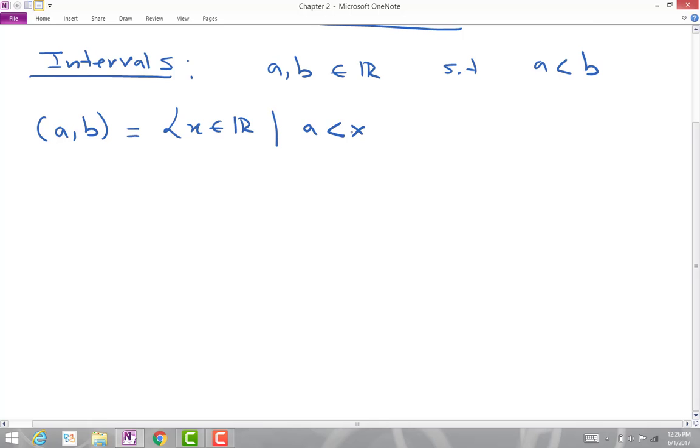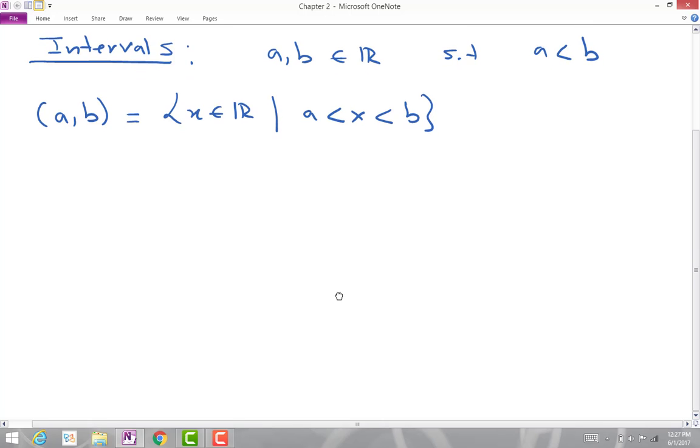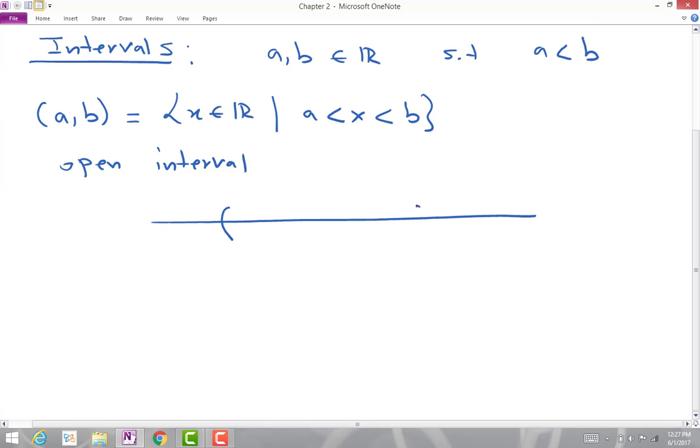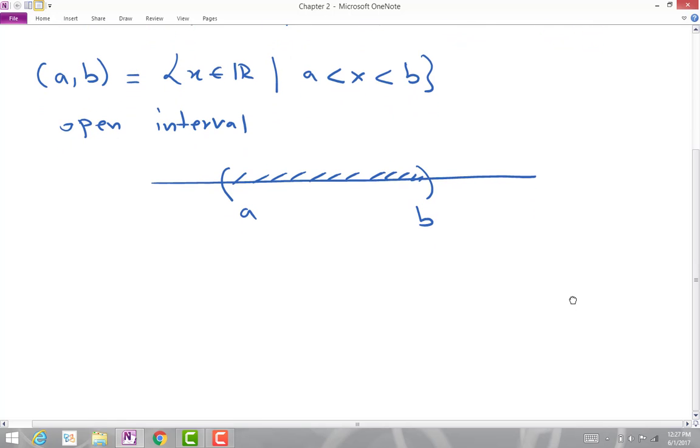I can write this as a less than x and x less than b, and we call this the open interval. I can graph this in the real line like this, and usually we color this. It's important to understand that the endpoints a and b do not belong to this set.